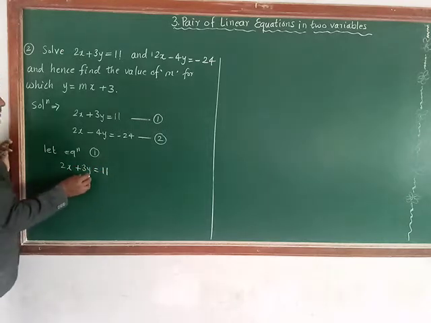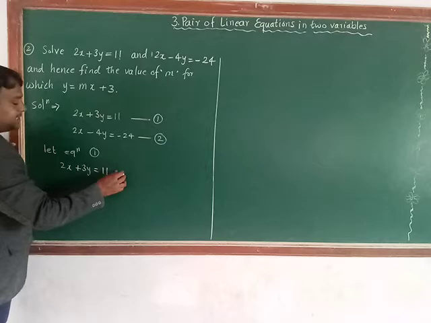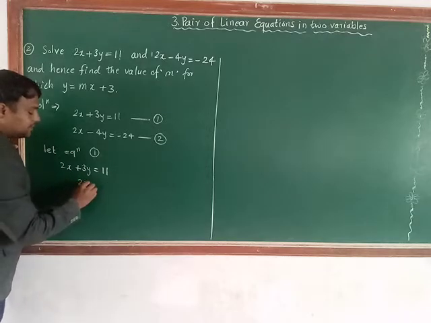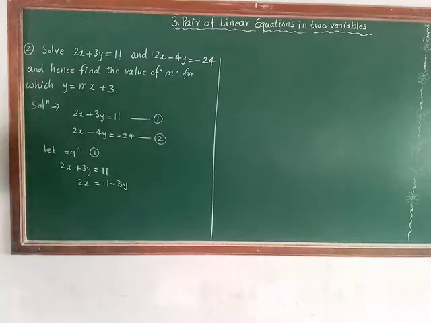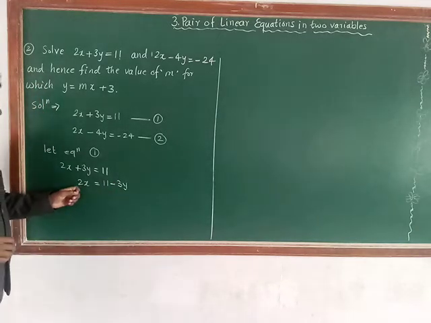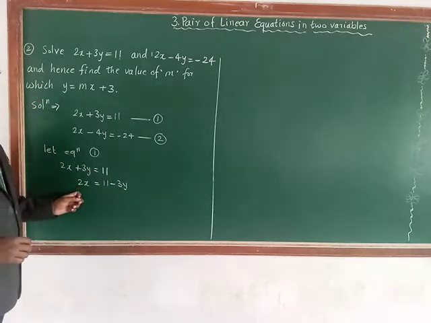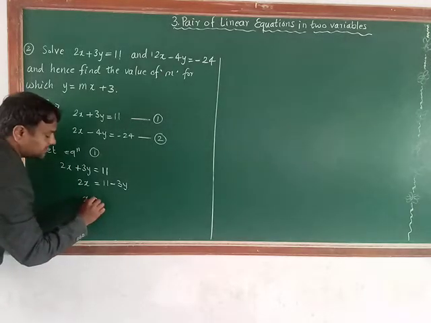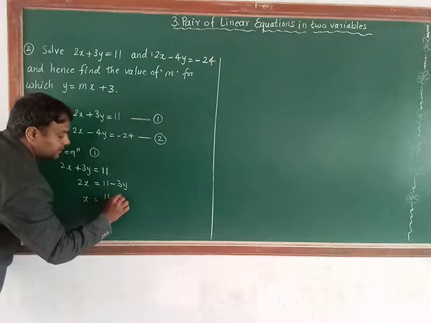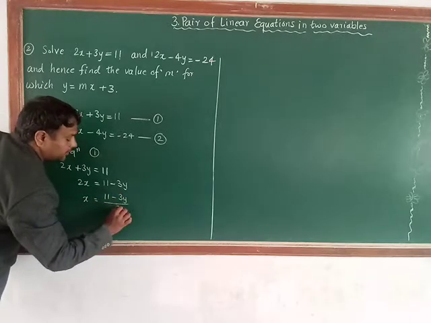I am shifting 3y to the other side, so I got 2x is equal to 11 minus 3y. Now the 2 which is multiplied goes to the other side as a divisor, so we get x is equal to (11 minus 3y) upon 2.